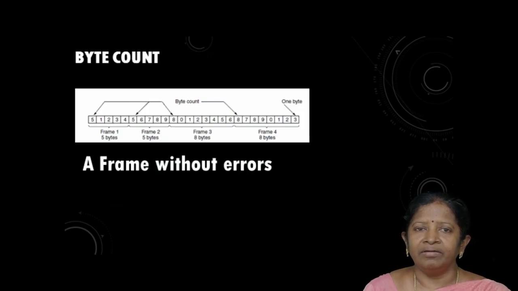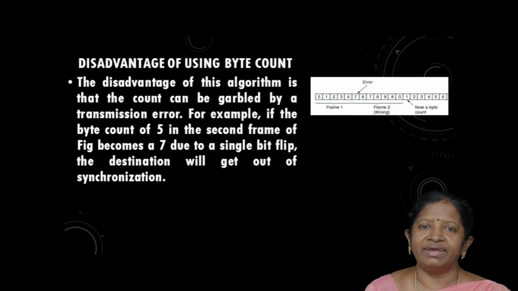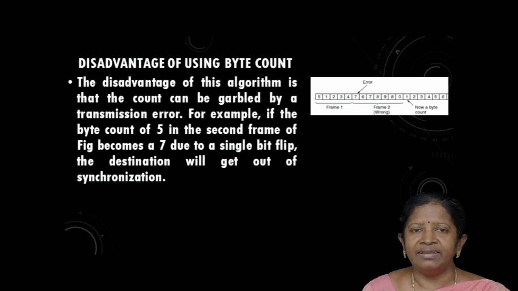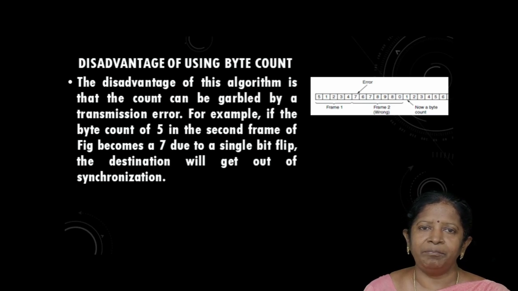Here we have different frames starting with different byte counts. But what may be the disadvantage of this byte count method? Suppose instead of 5, the byte count is changed to 7 by flipping only one bit.